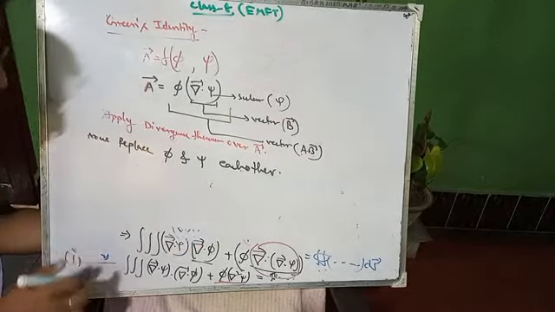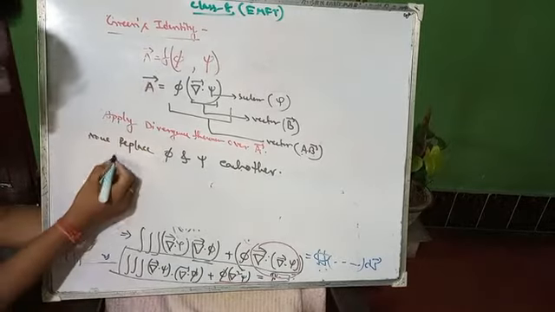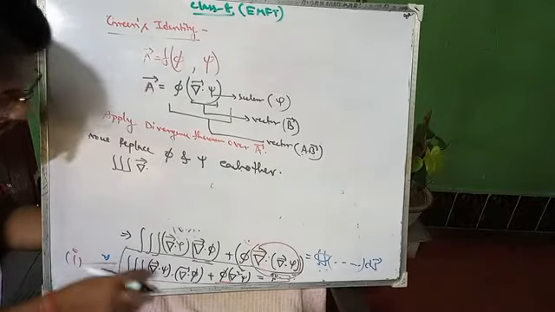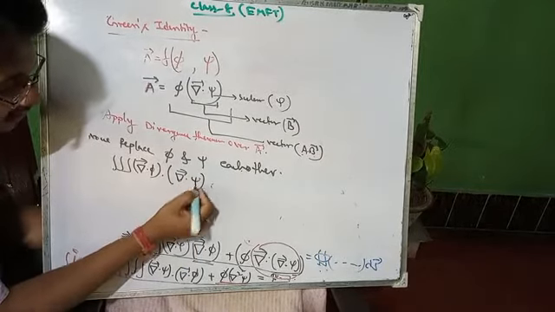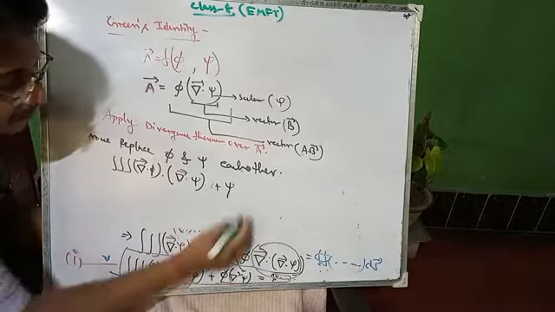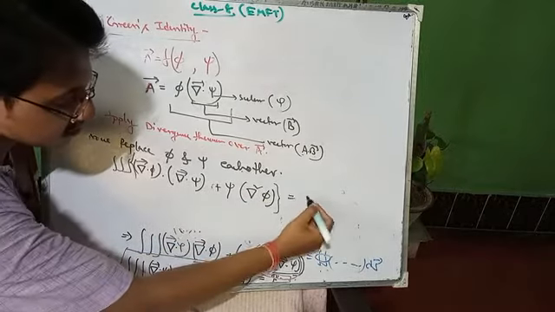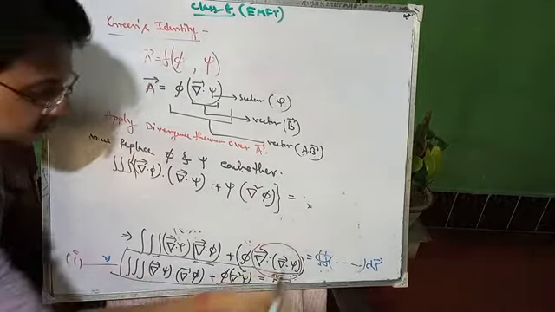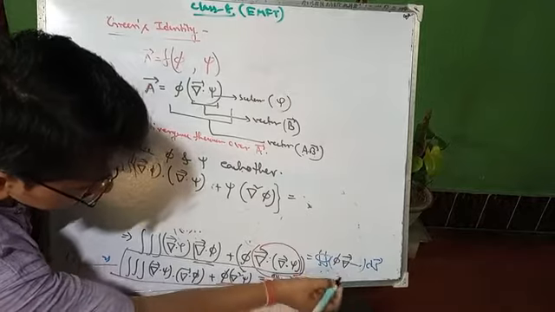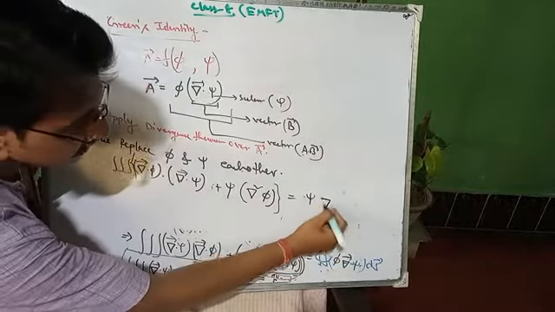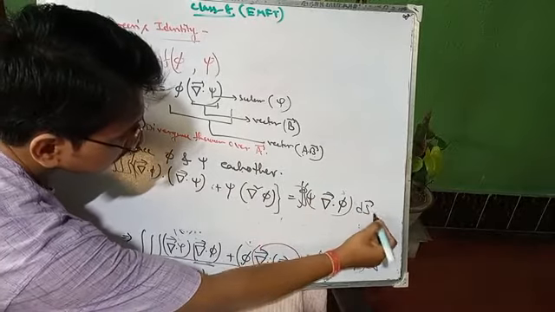Then the result from equation 1 is: the gradient of psi dot gradient of phi, plus psi times the Laplacian of phi, equals the closed surface integral of psi grad phi dot ds. Make it equation number 2.